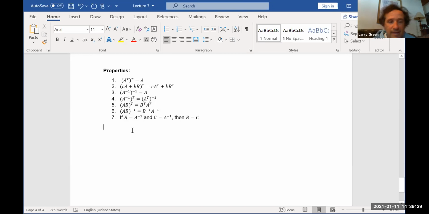to look at, and maybe I'll do one side of 4 because they're both kind of similar. So we need to take A inverse transpose, multiply it by A transpose, and hopefully get the identity. So let's write that out.